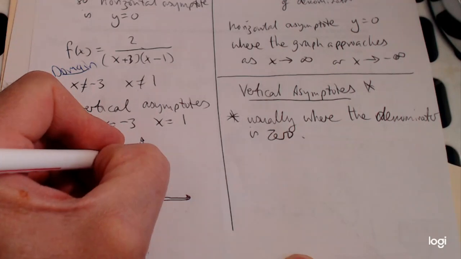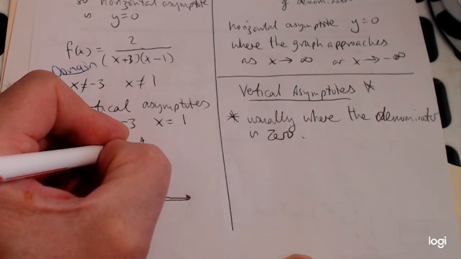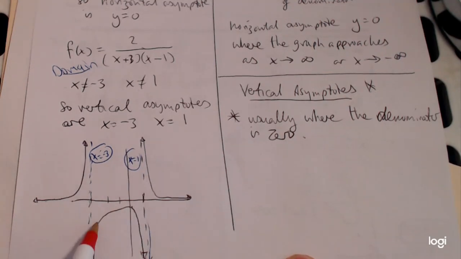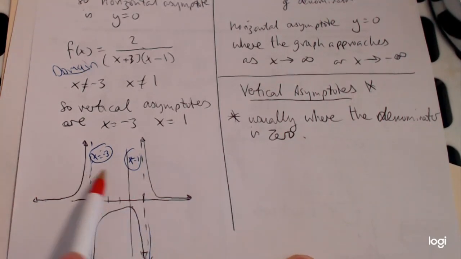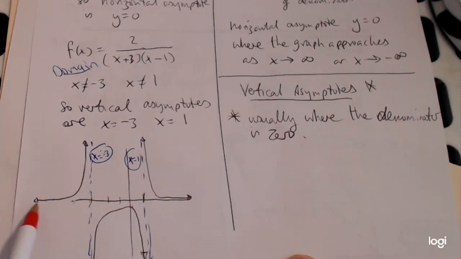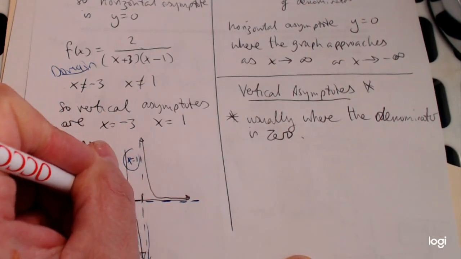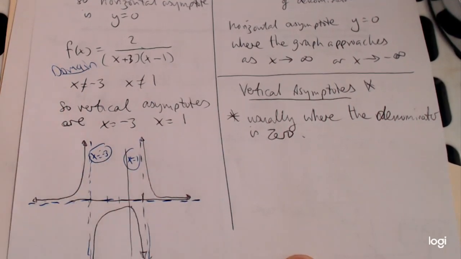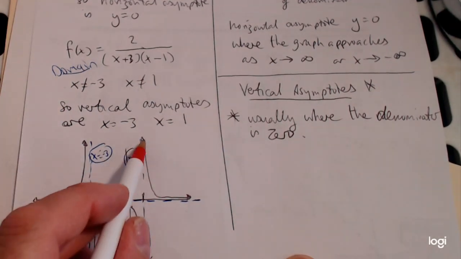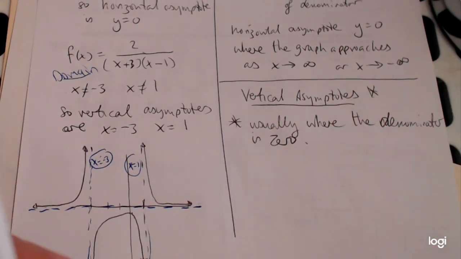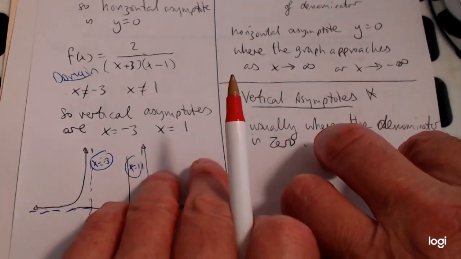And then this dotted line right here is x equals 1. And the graphs do not touch those vertical asymptotes. So you cannot cross the vertical asymptotes, but you can cross the horizontal asymptote. The horizontal asymptote is y equals 0. Okay. So you can see that the graph is dropping to 0 on both sides over at infinity and negative infinity.